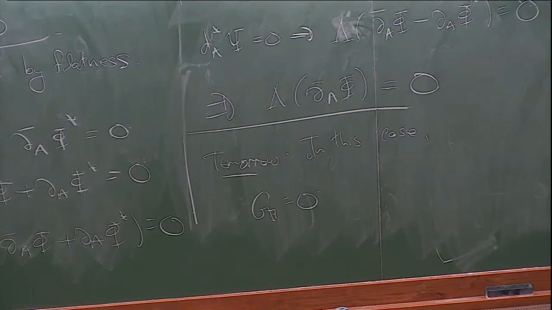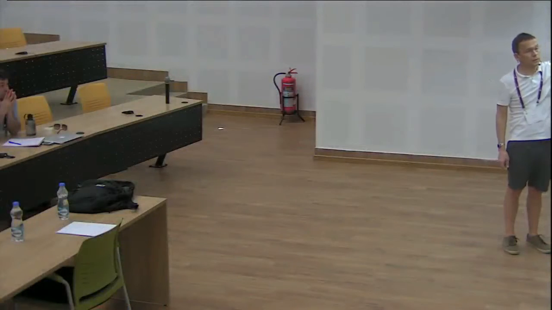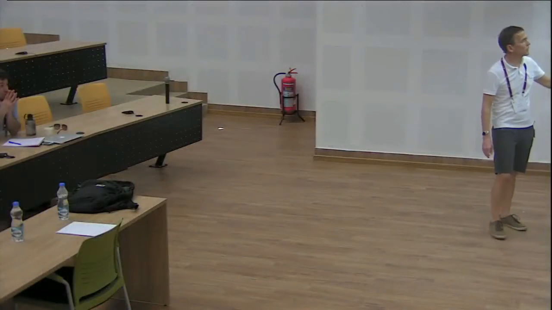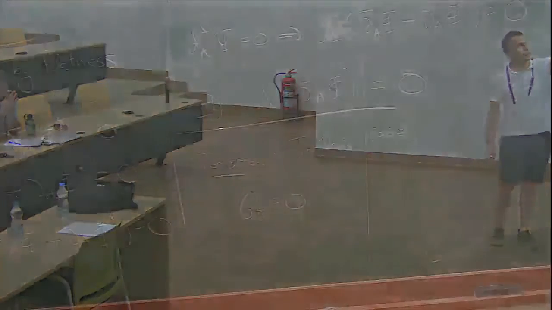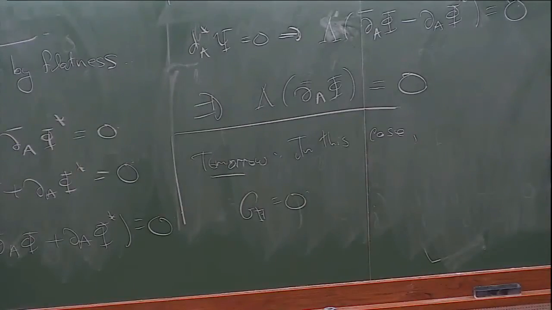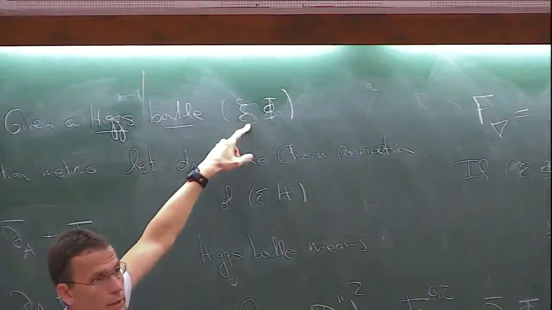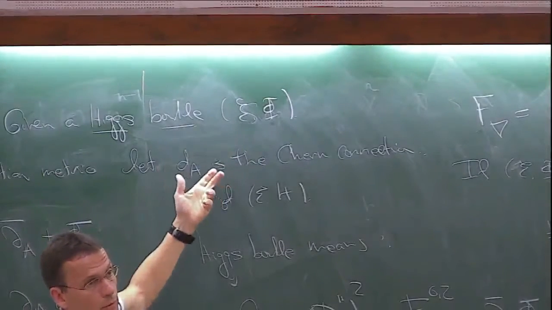So why is this 0? In the case of a Higgs bundle, a Higgs bundle is a holomorphic bundle plus phi, which is a holomorphic section of the tangent bundle tensor the endomorphism bundle. So it's holomorphically restricted. When I write the connection here, dA, the Chern connection, by definition, the d bar operator here is the holomorphic structure coming from E. So that's an integrable holomorphic structure.